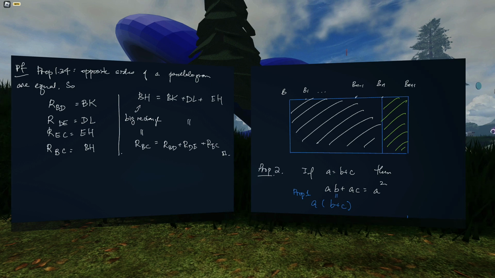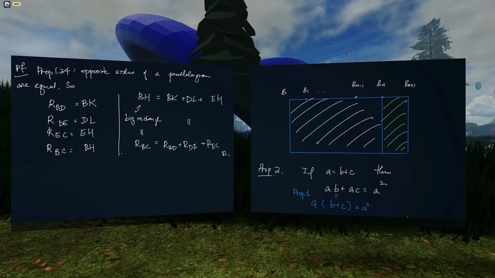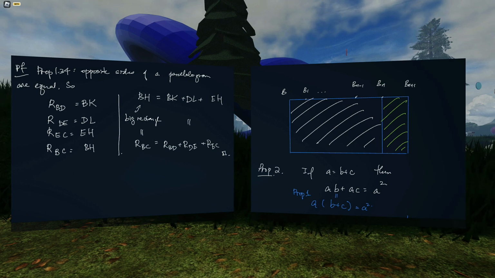And then, if B plus C is A, then obviously this is A squared. But without algebra, this factorization procedure you probably can't do using the geometry, which explains why proposition 2 is a proposition by itself.